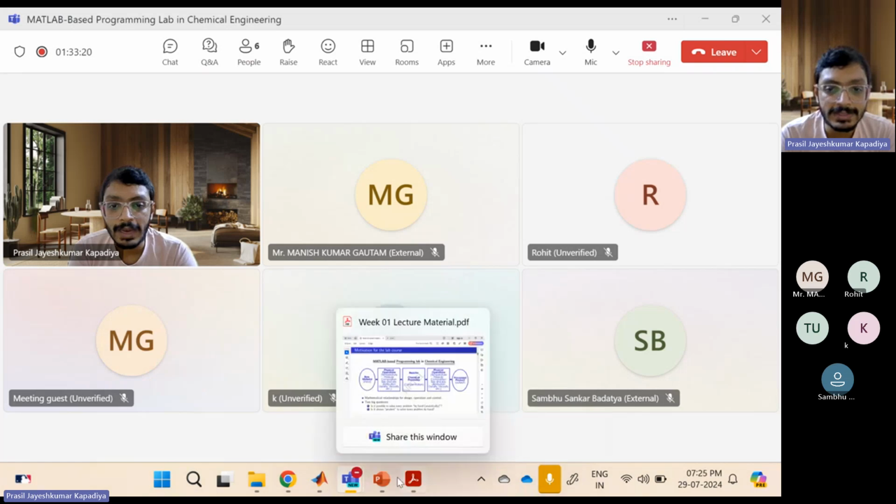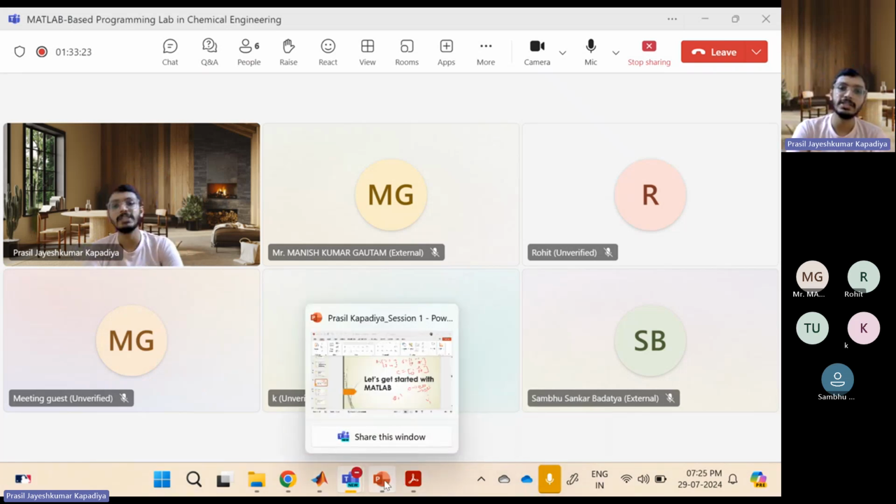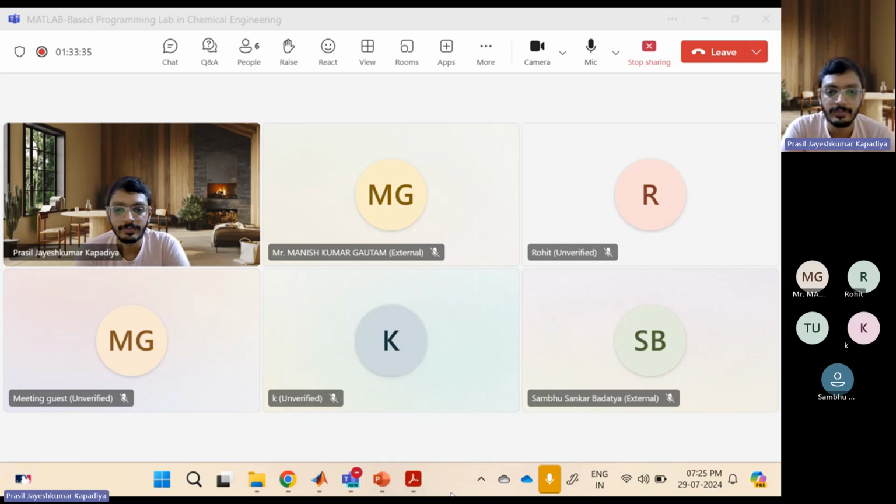Okay, so this is all about the very basic part of MATLAB. Let's take some MCQ kind of questions that will be useful for your assignment submission. Did you solve your assignment? Anyone? Did you check your assignment? How many questions are there? Are those questions easy or not? I guess there are 20 questions.